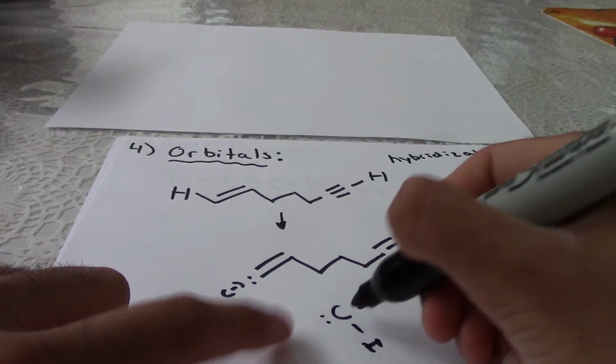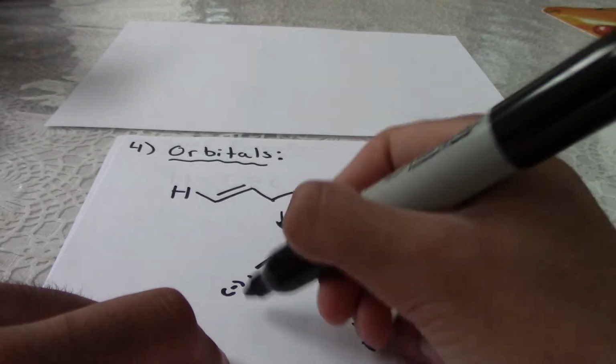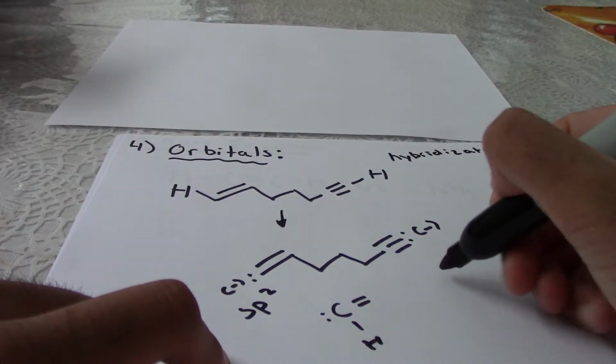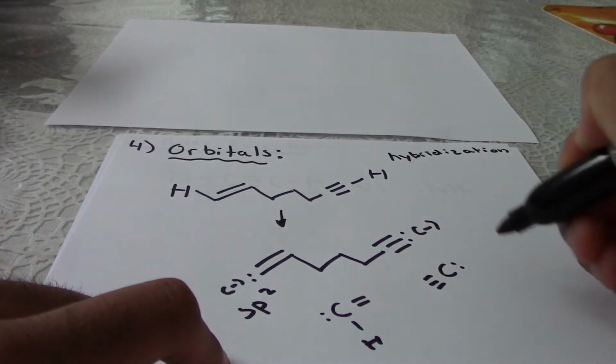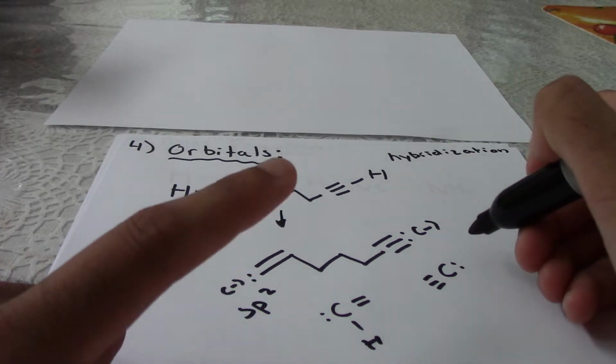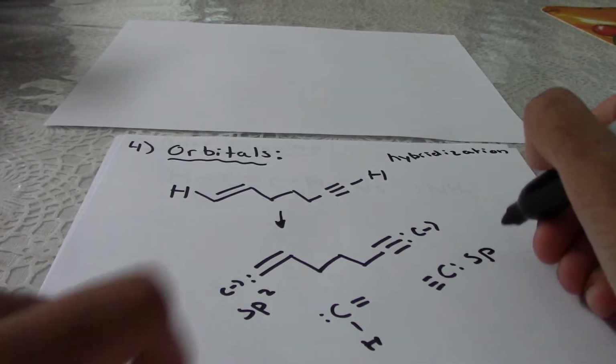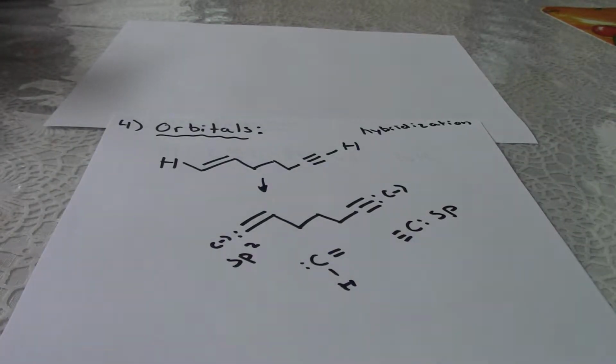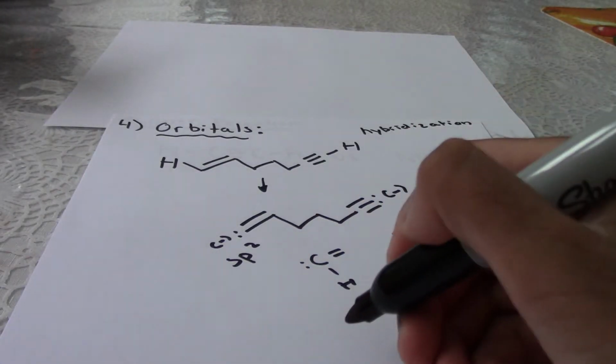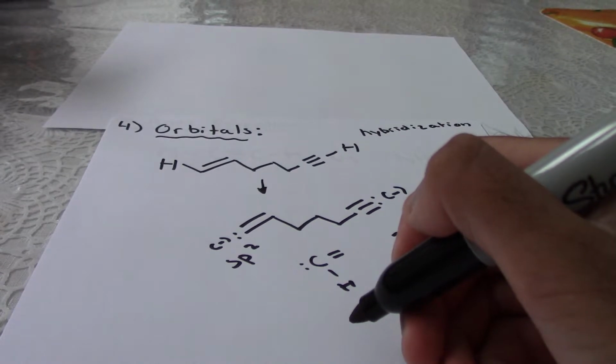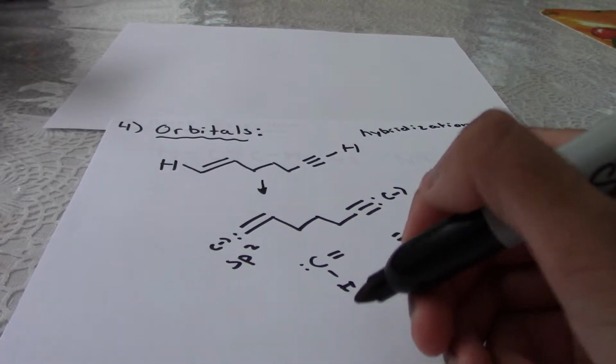So we know that this is sp squared hybridized. And if I look at this carbon, it has a triple bond with just a lone pair, so we know this is sp hybridized. Now, how does that help us? Well, the main idea is that sp hybridized orbitals are closest to the nucleus, so they can better stabilize that negative charge.